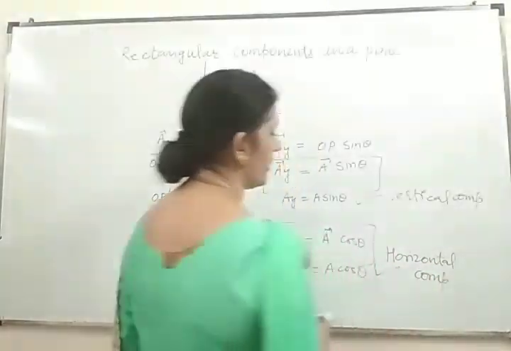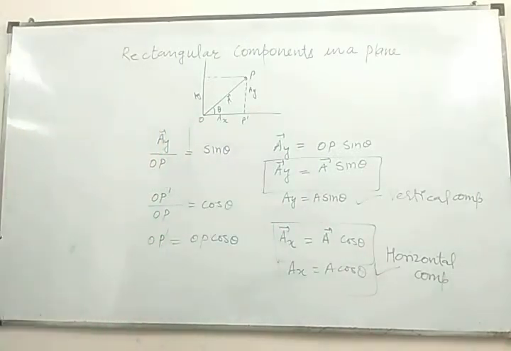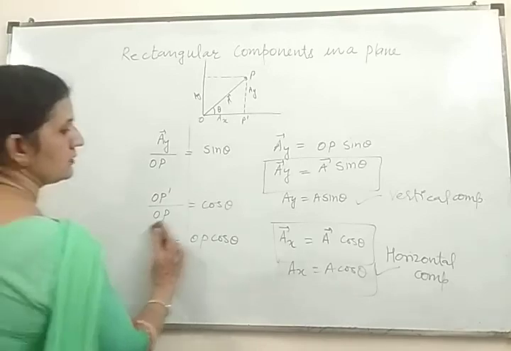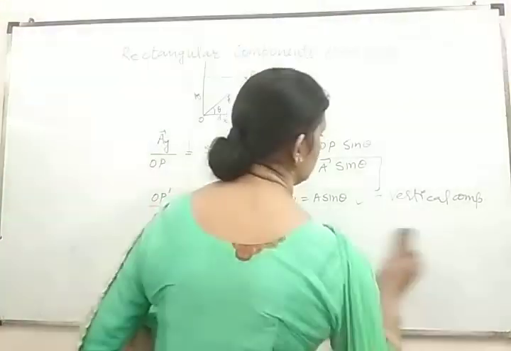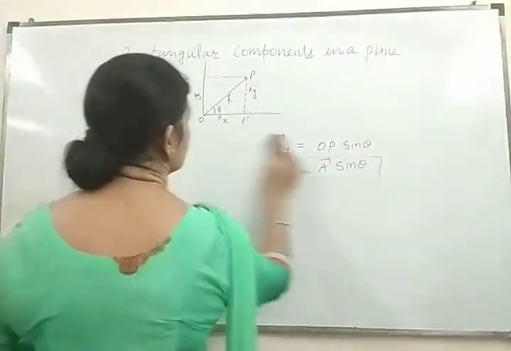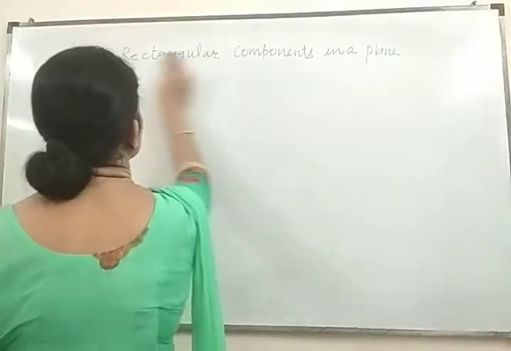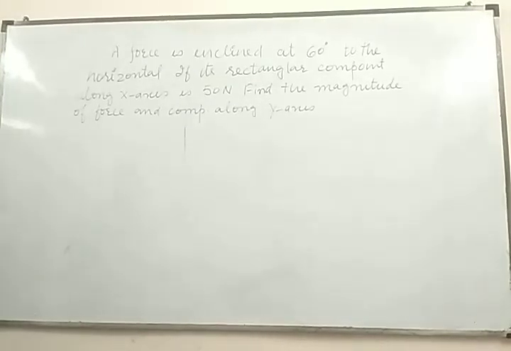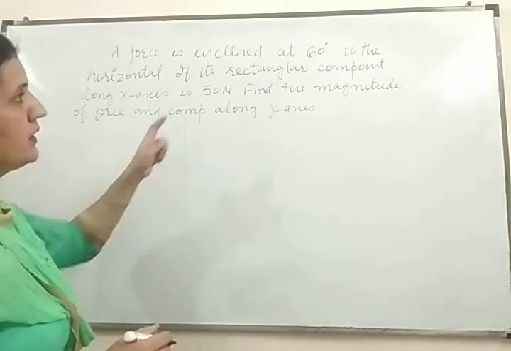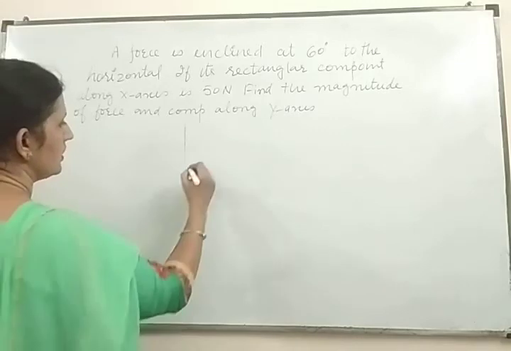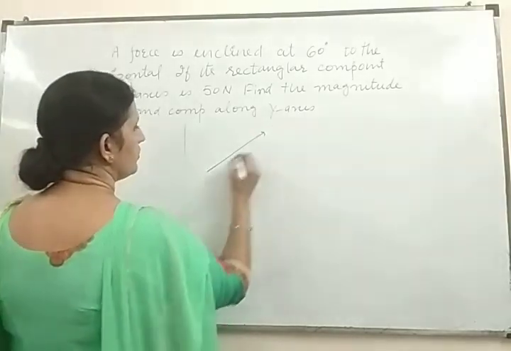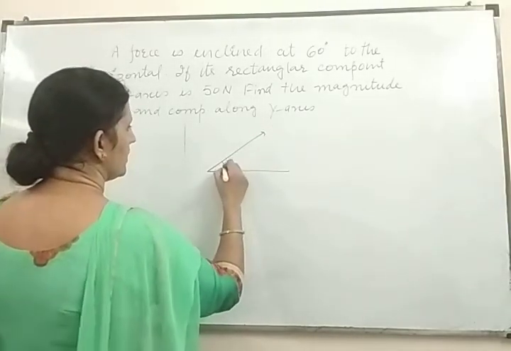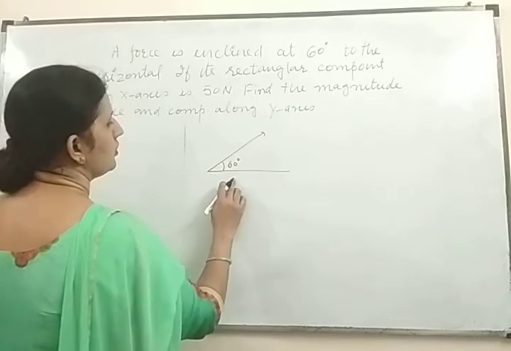Now do one numerical on the basis of the rectangular components of vectors. Write down the statement first. What is the question? A force is inclined at 60 degrees to the horizontal. So this is the force F which is inclined at an angle of 60 degrees with the horizontal.